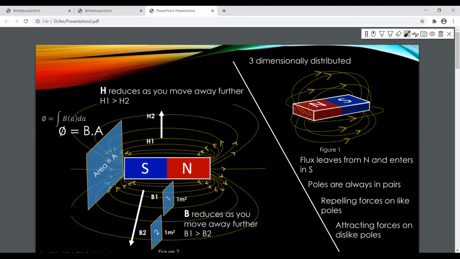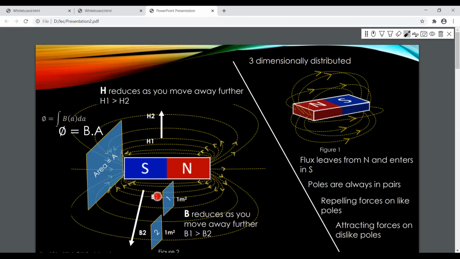And if you go further away from the magnet and measure the magnetic flux density, you already know that magnetic flux density means the amount of flux which is perpendicularly going through a considered area. And if you go further away from the magnet, this density would decrease. So that you should know.